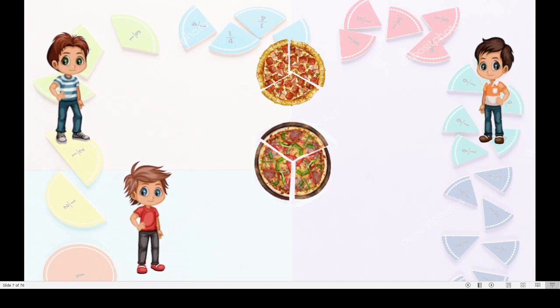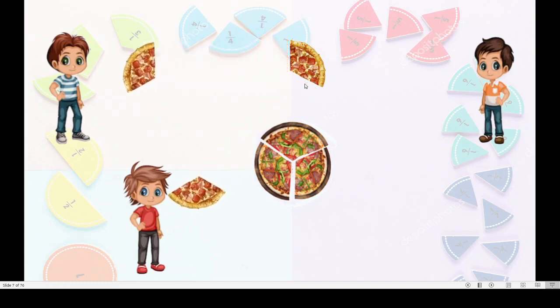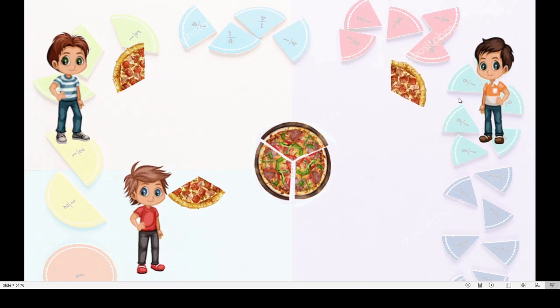Total parts 3 in the denominator, isn't it? And 1 piece we will give to this boy and 1 piece to this boy, that is 1 upon 3, isn't it? This is also 1 upon 3 and 1 upon 3 to this boy.